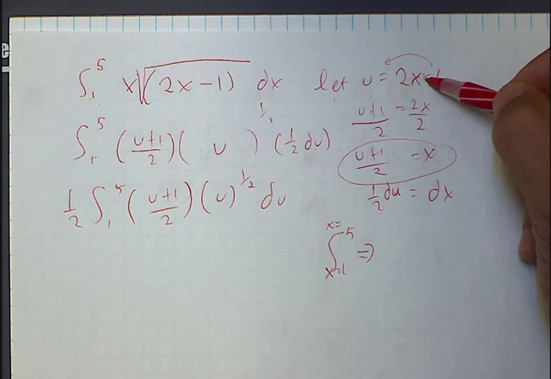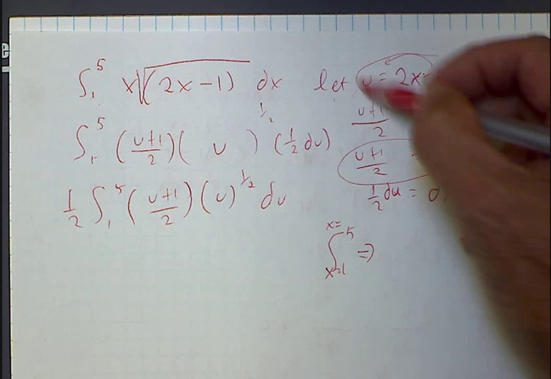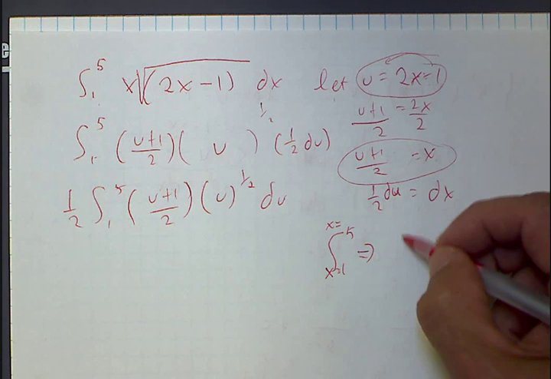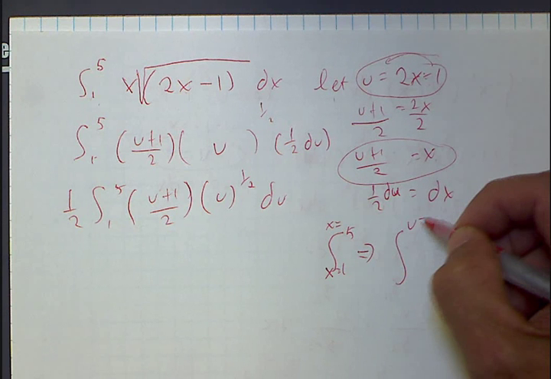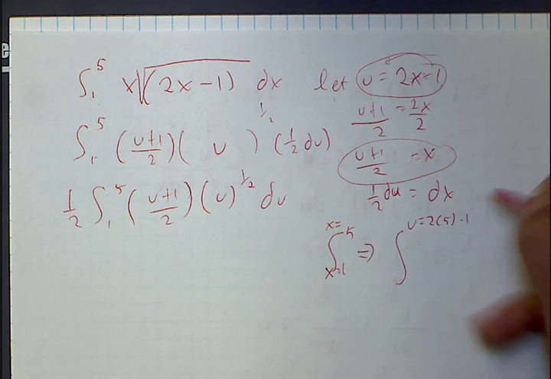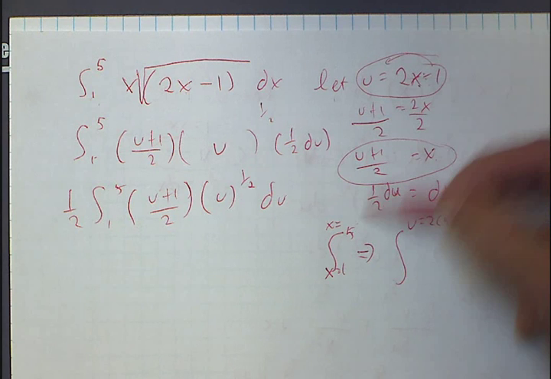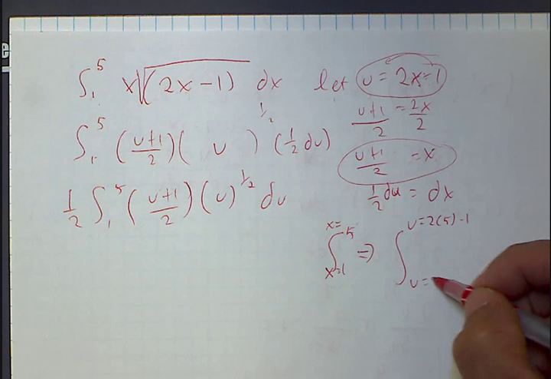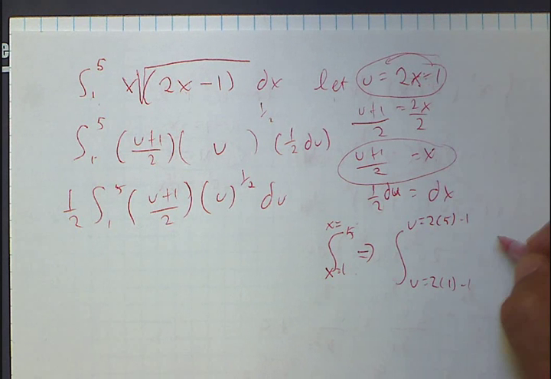So, using that one right there, u equals 2 times 5 minus 1, replacing the x with 5. And u equals 2 times 1 minus 1. So my new bounds are going to be, 10 minus 1 is 9, 2 minus 1 is 1.